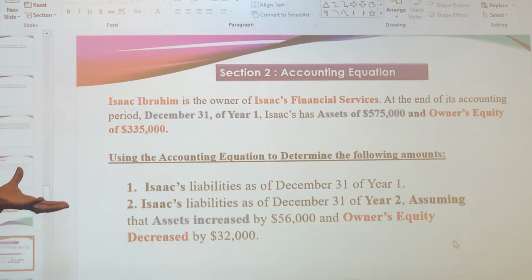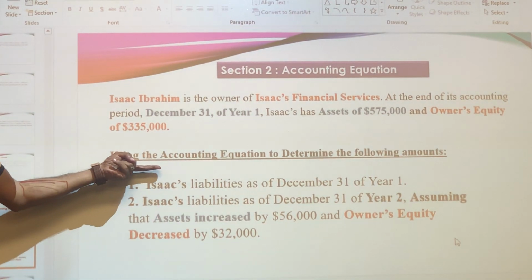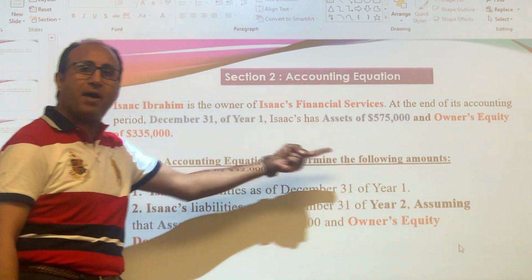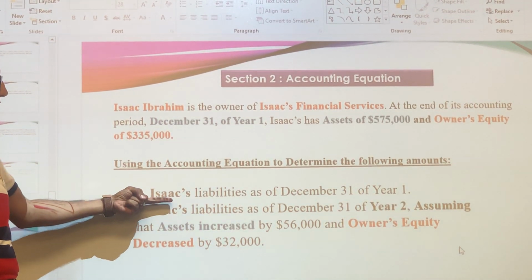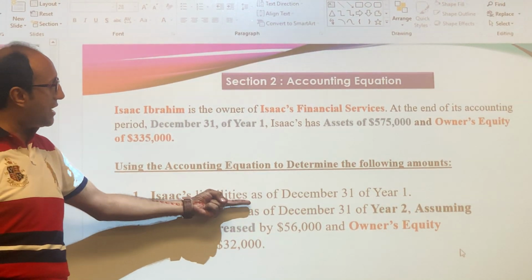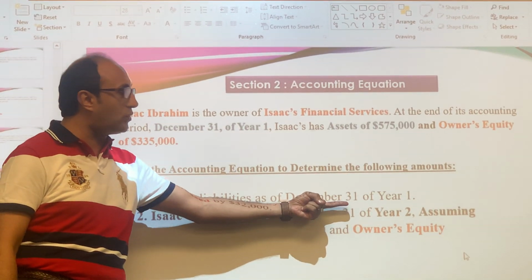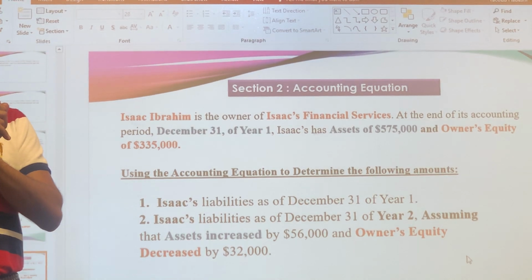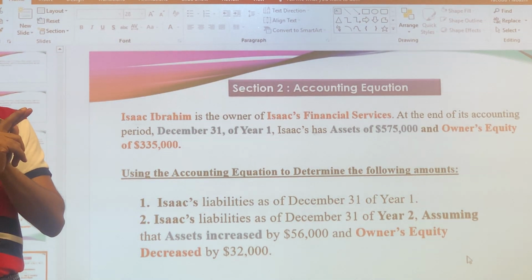So what's the question we have? Using the accounting equation, determine the following amounts. First, Isaac's liabilities as of December 31 of year 1.